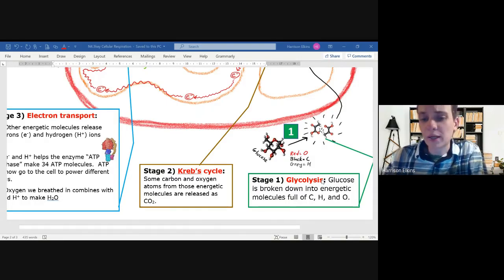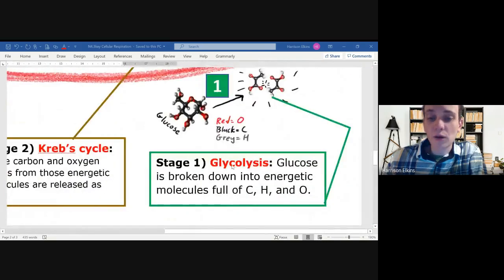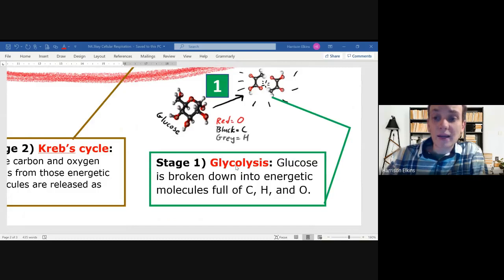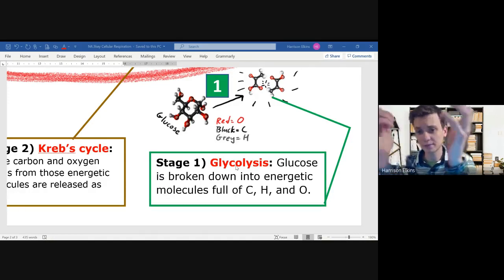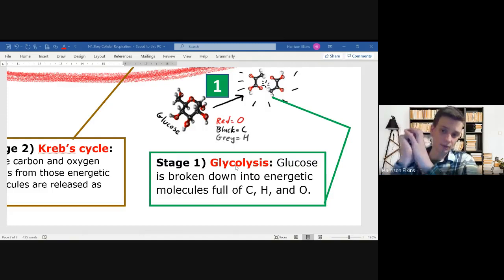Glycolysis is stage 1. So you can fill out this green part right here. Stage 1 is glycolysis. Glyco means sugar. Lysis means it's falling apart or breaking. So I'm just breaking apart sugar: glycolysis, sugar breaking apart. Let's say that I've eaten glucose.